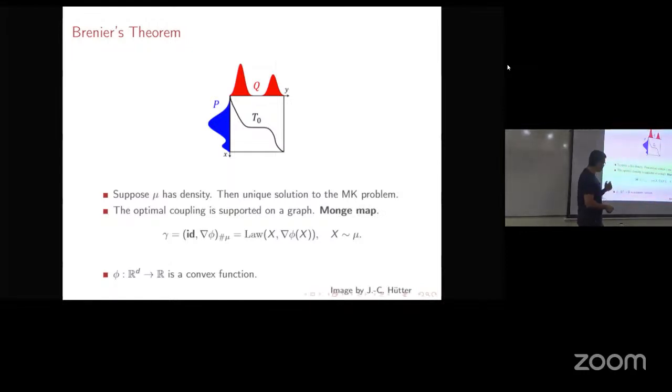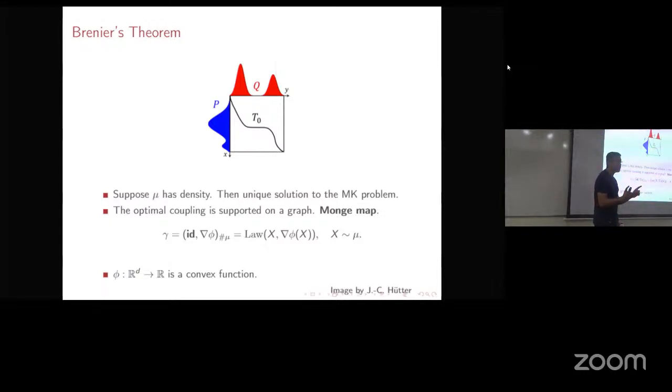There will exist some function phi which is convex. If phi is a convex function from R^d to R, the gradient of phi is a function from R^d to R^d. Clear? There will exist some convex function such that the gradient of phi will push forward my mu to nu.